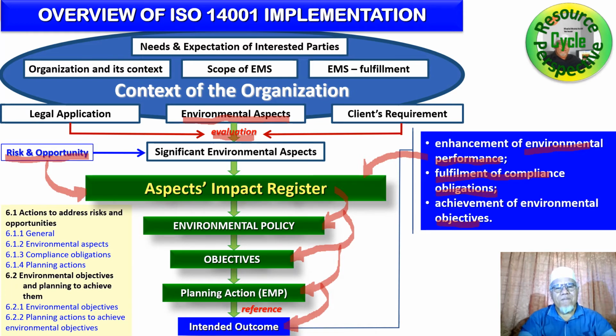Learn from them. Then you will be able to identify the environmental aspects correctly. Do not do it from the office. Get to the process if you want to do it right.